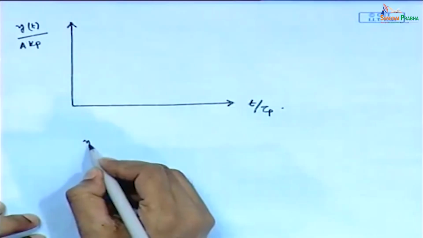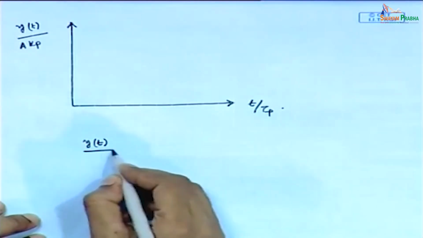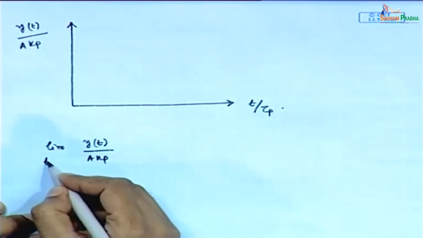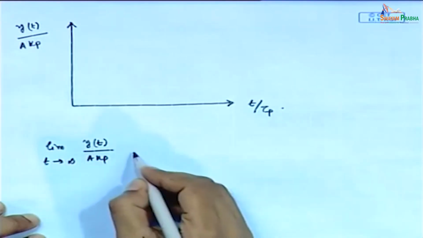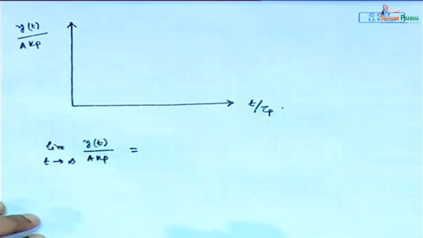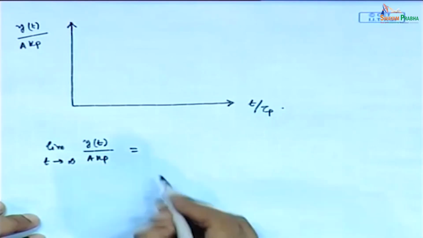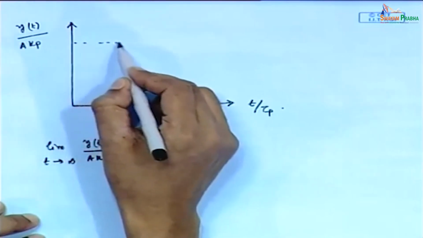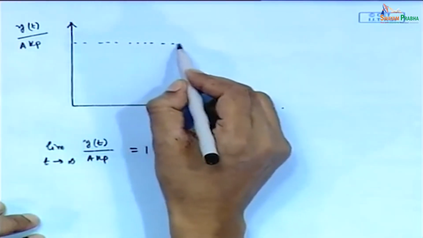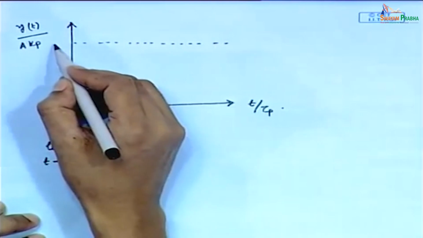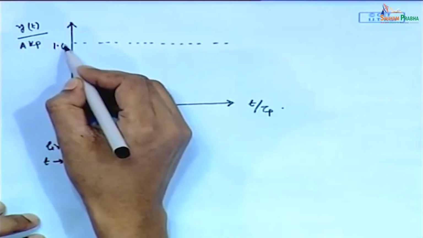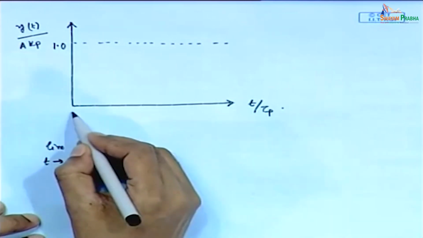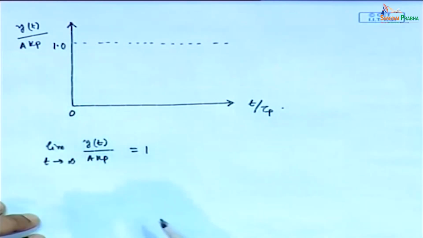So, if we consider y t divided by a k p with t tends to infinity, how much it is? 1. So, final steady state value is 1, fine, and this is the starting state.